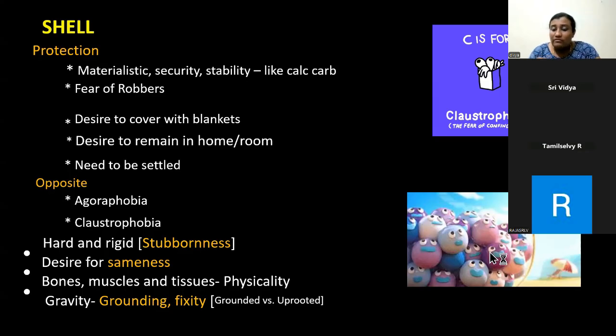Because of this shell, which is hard and rigid, their character is more stubborn, adamant, with a desire for sameness. They don't change every day. They can't be like the Piperacea family. Sameness is an aggravation for them. They need sameness.